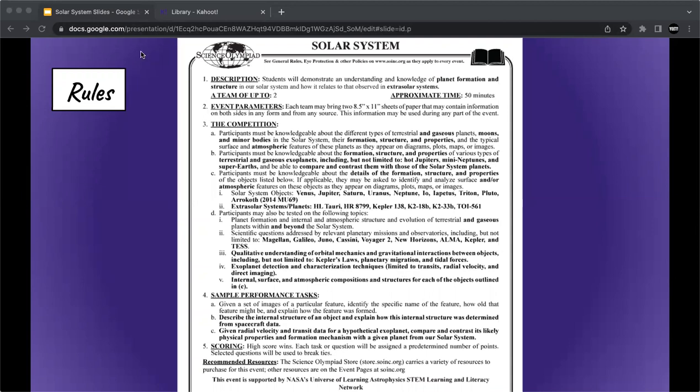And part 3 describes the topics. This formatting is quite similar to meteorology and I'm sure to many other study events.